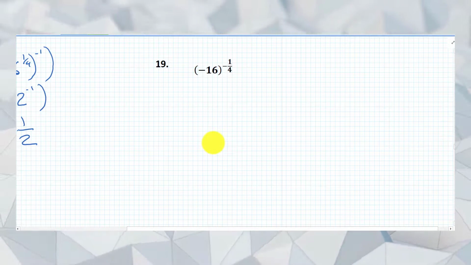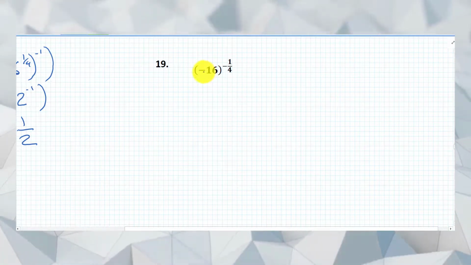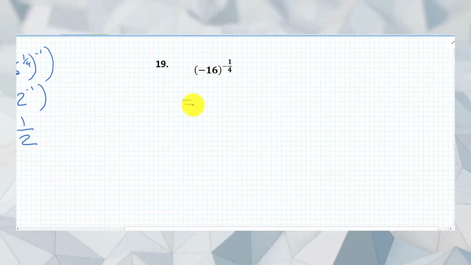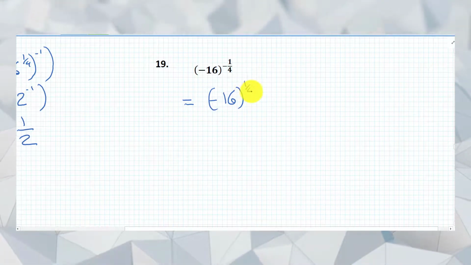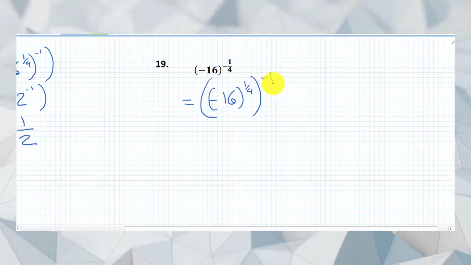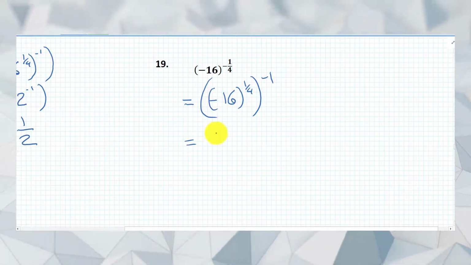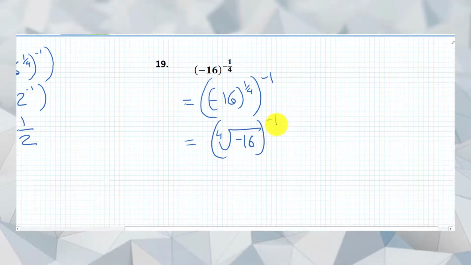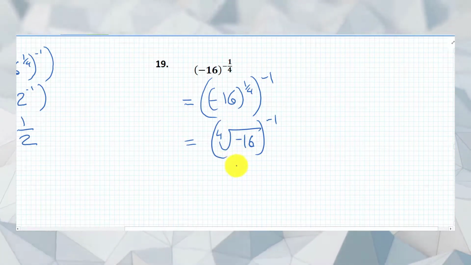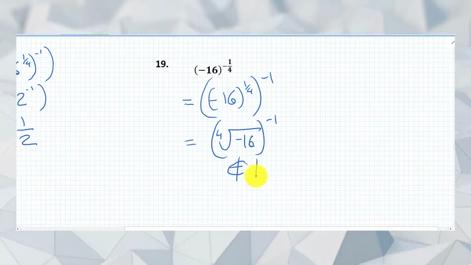On the other hand, for number 19, the negative is in the base. So be careful right here. What does that mean? This is negative 16 to the 1/4 to the negative 1. Negative 16 to the 1/4 is the fourth root of negative 16 raised to the power of negative 1. And the fourth root of negative 16 is not a real number.